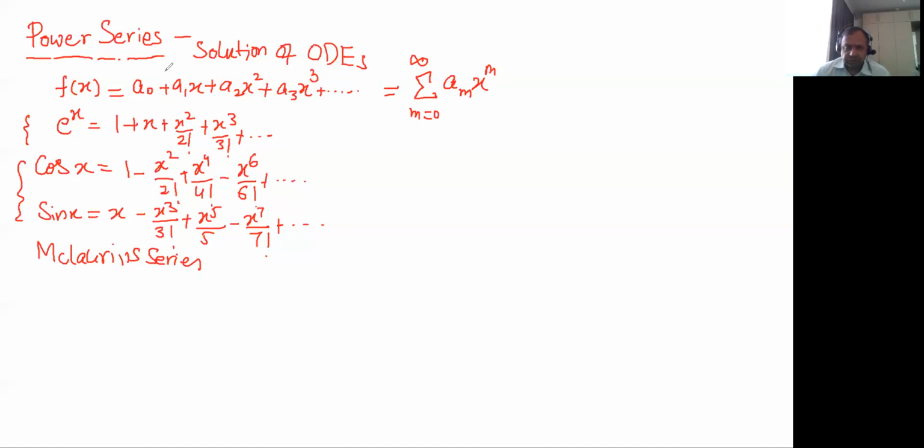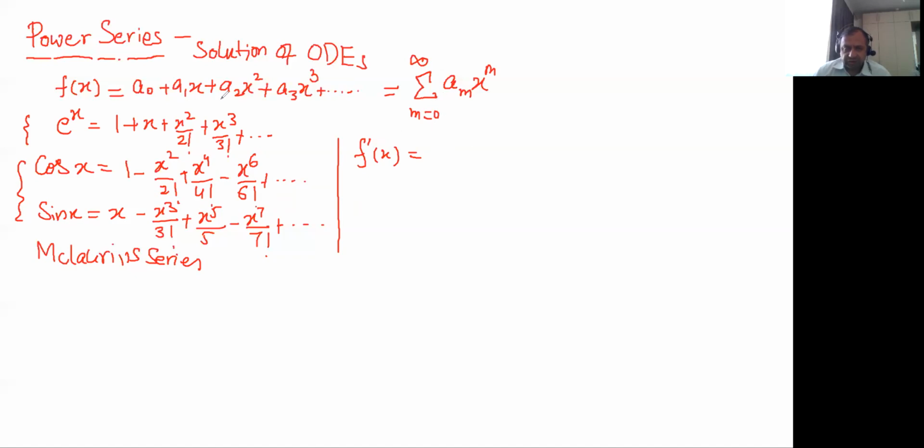For example, if I take this form of the power series and take its derivative of f of x, I can represent it like this. Because all of these are polynomial terms, its derivative can be represented like this. So a naught will vanish from here. We will have one less term for the derivative, which means the index value can start from 1.